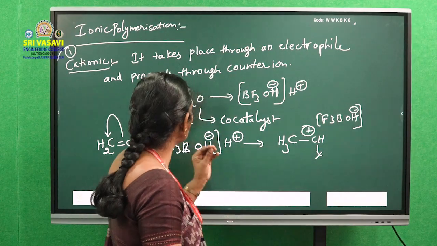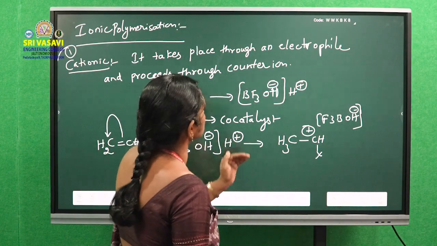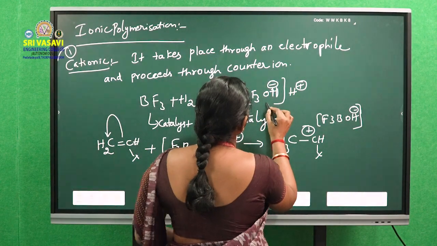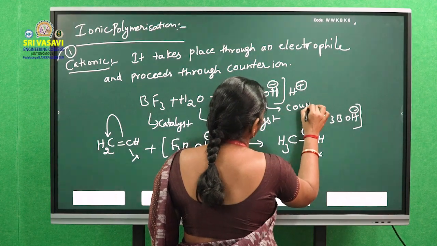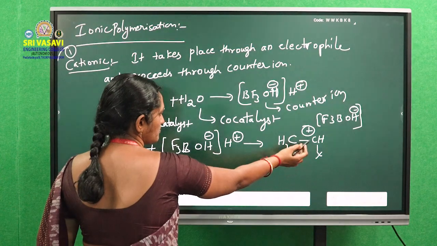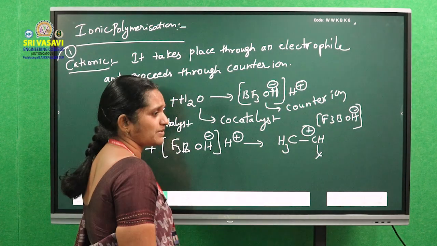Here the Lewis acid acts as a catalyst and H2O acts as a co-catalyst. When we combine these two, you get a counter ion. Through the generation of this counter ion, I can get the positive charge on the carbon, because it is not at all easy to get C+.